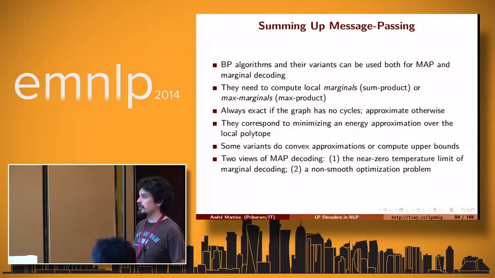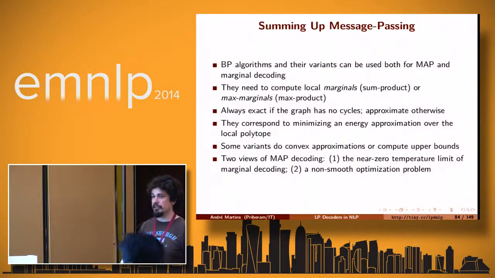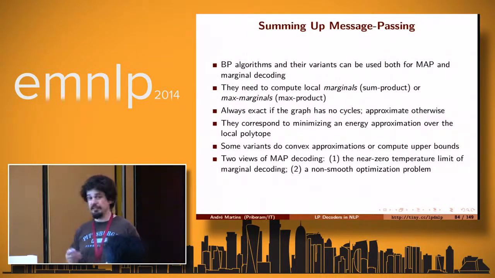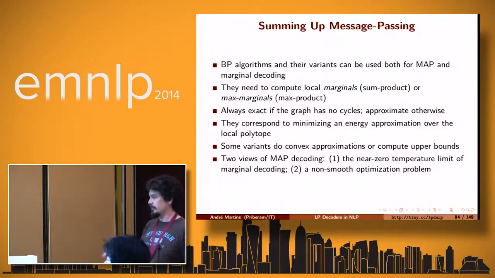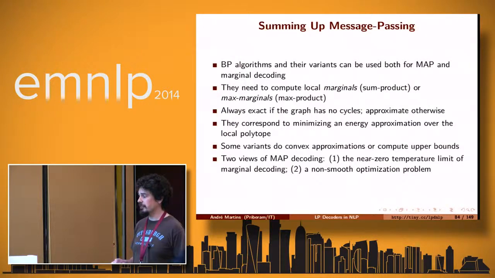We can interpret sum-product BP as minimizing an energy approximation over the local polytope. There are some convex variants of BP that have guarantees in terms of upper bounds. And we have seen two views of MAP decoding: first, as a near-zero temperature limit of marginal decoding, and second, as directly addressing a non-smooth optimization problem.